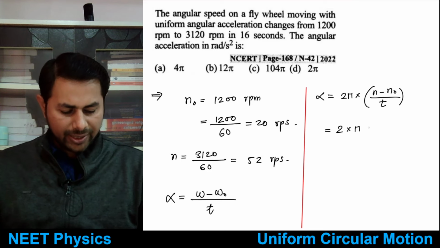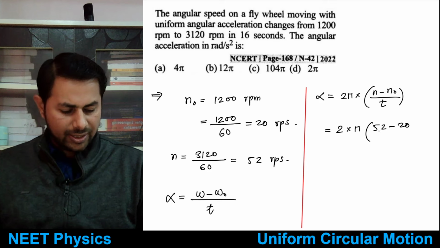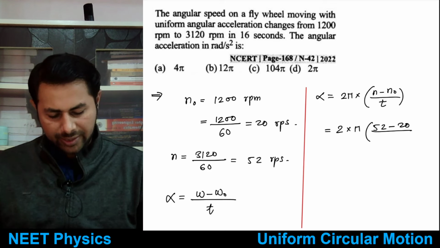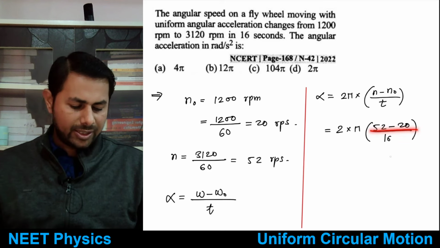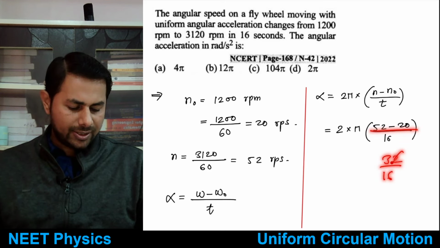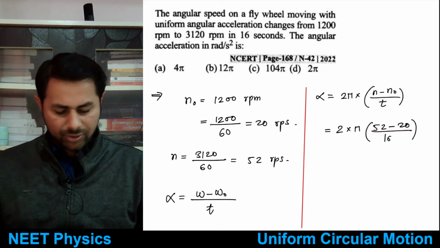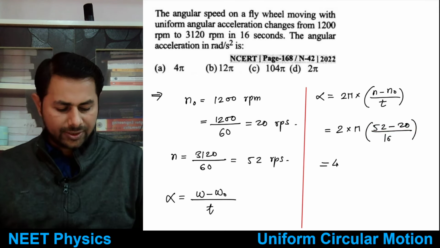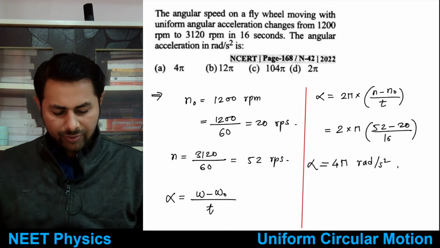So 2 times pi, n is 52 minus n naught is 20, divided by time, which is 16 seconds. So 52 minus 20 is 32. 32 by 16 is 2. 2 times 2 is 4. So 4 pi is the answer. This is clear, everyone?